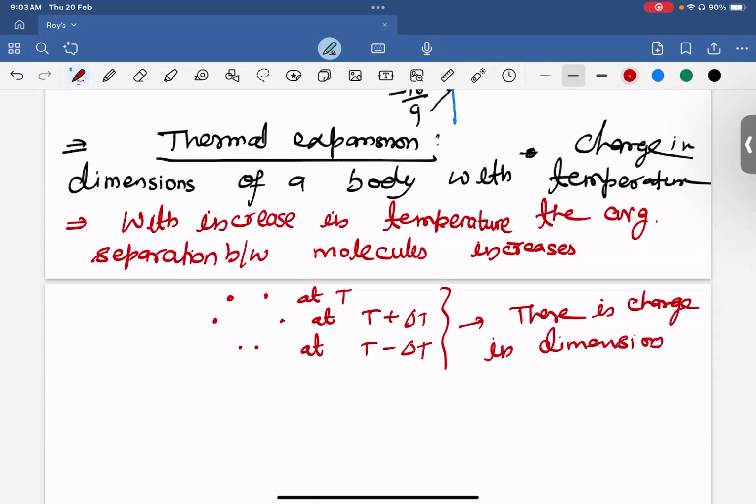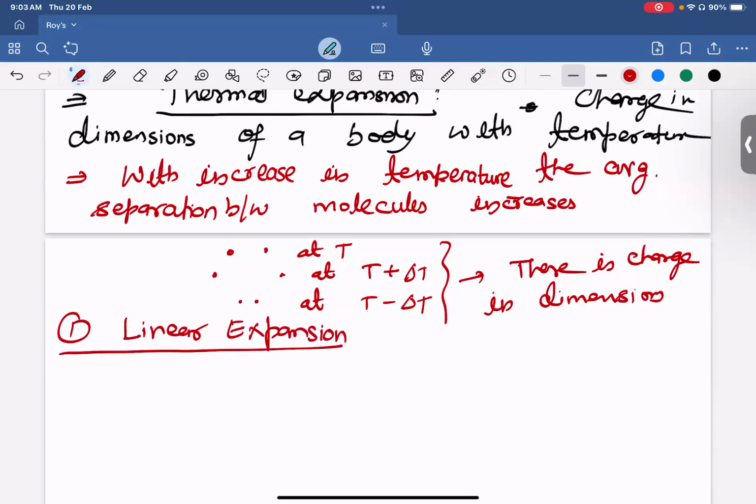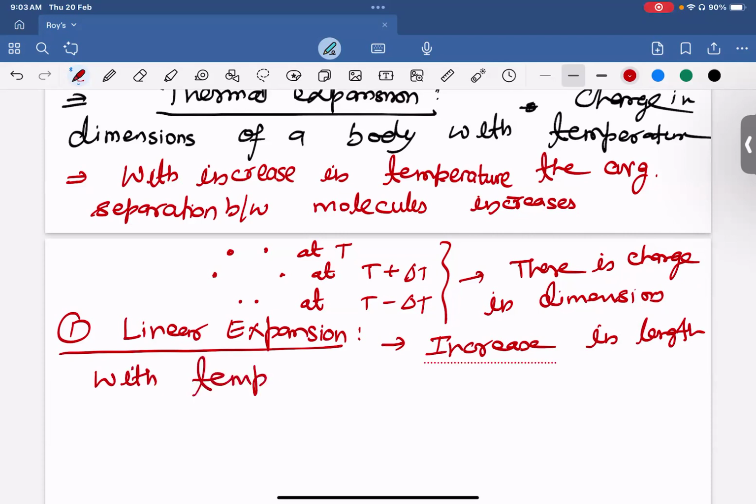First type of change that we observe is linear expansion. Here the length is changing. This is linear expansion. So it is increase in length with temperature increase.